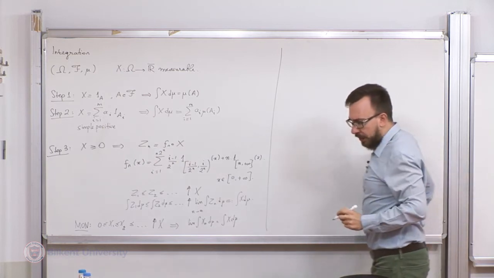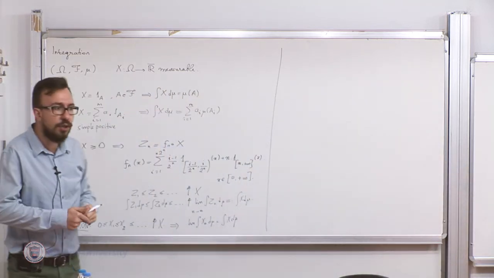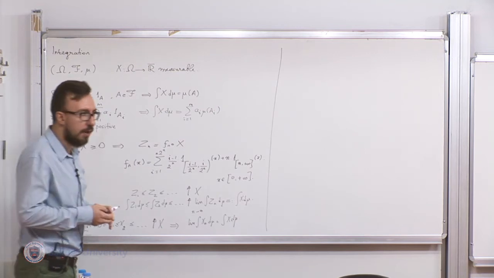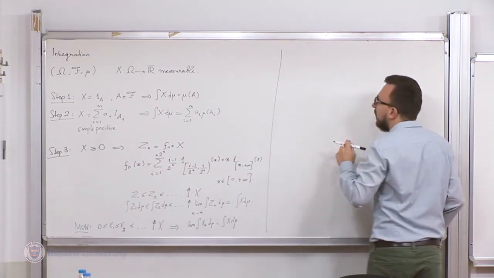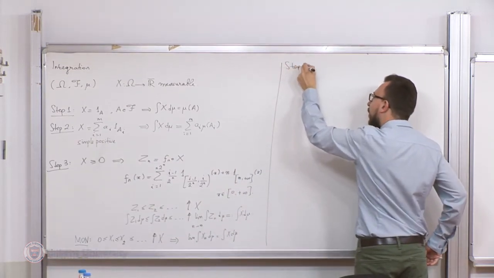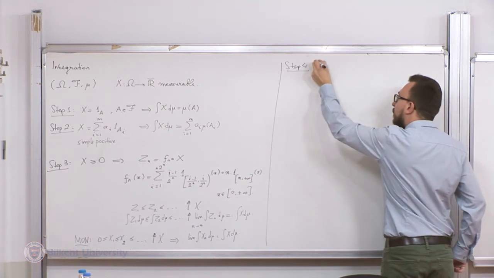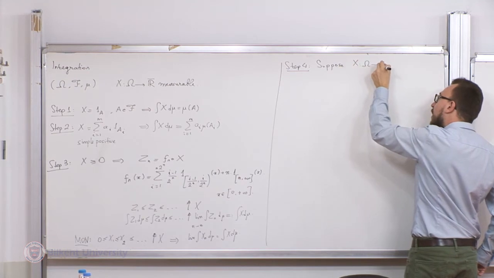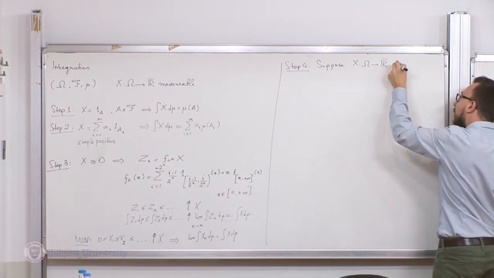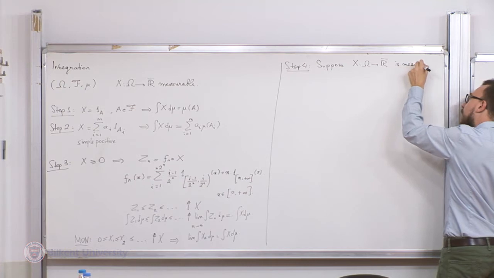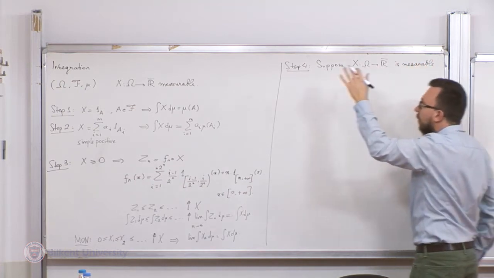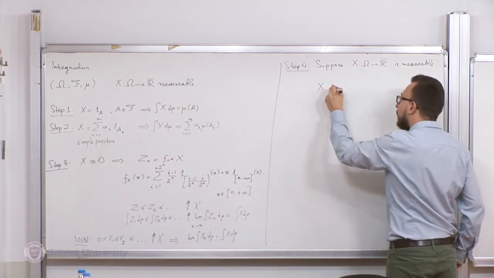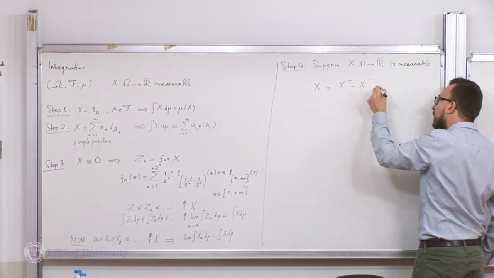So our first job today is to extend this definition to functions which can take positive and negative values. So let's say this is our step 4. Suppose x is just numerical and measurable. In other words, suppose nothing else but this. In this case, we can write x as x plus minus x minus.